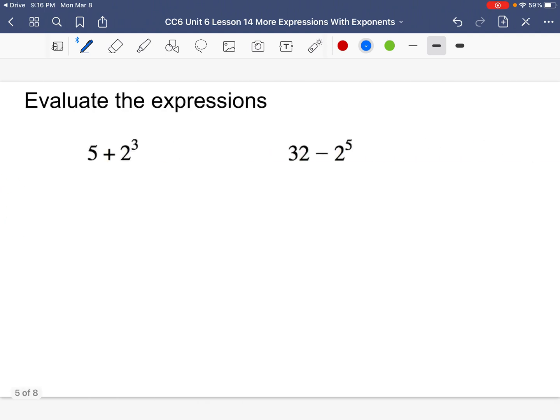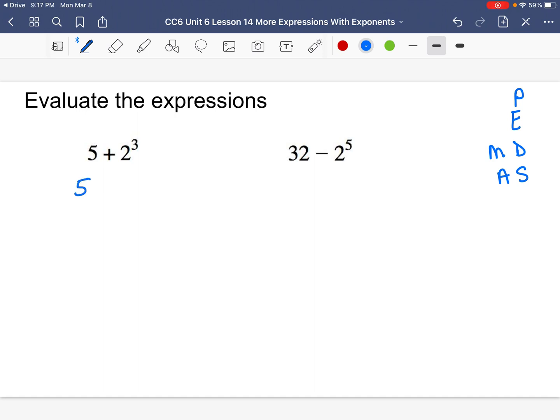So to evaluate these expressions we need to keep the order of operations in mind. Remember, parentheses, exponents, multiplication and division, addition and subtraction. So 5 plus 2 to the power of 3, there's no parentheses, but there is an exponent.